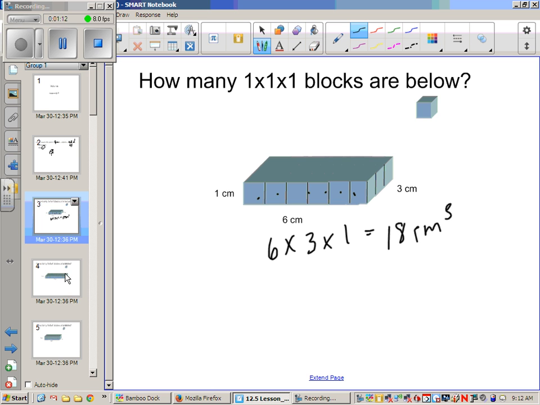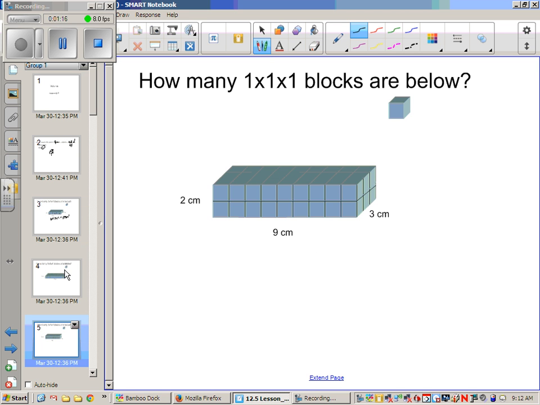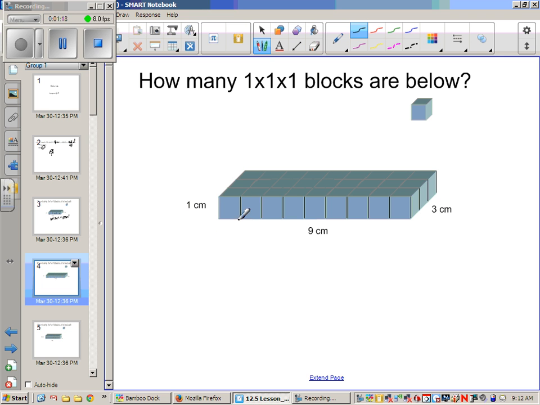Now what's nice about that is you can kind of add to that. So I'm going to make it a little taller. Same idea here is 1 by 9 by 3. Now I have 9 in each row and 3 here, so that's 9 times 3 times 1 high, which is 27 centimeters cubed.